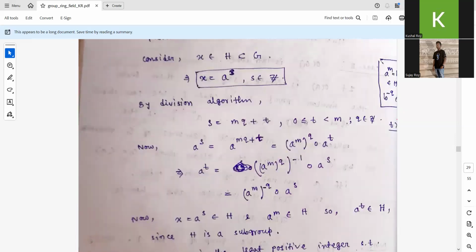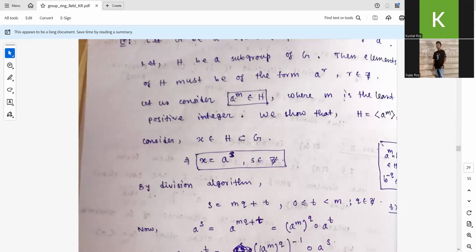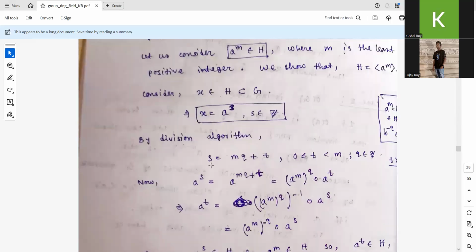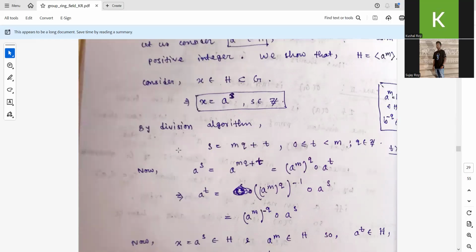Now by the division algorithm, let us divide s by the positive integer m. So s will be mq plus t, where t is the remainder and q is the quotient, so 0 less than or equal to t less than m.